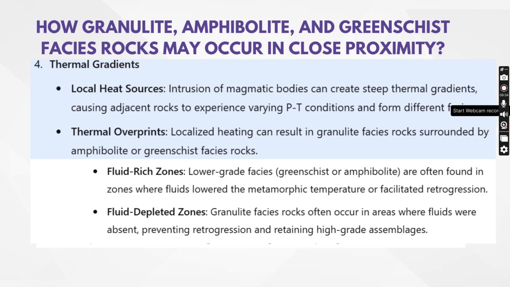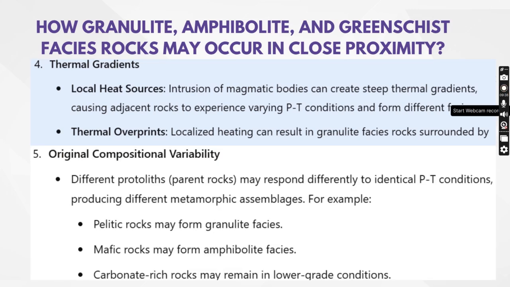Then thermal overprint, local heating, and another very important thing is original compositional variability. Different lithologies may respond differently to identical pressure temperature condition, producing different metamorphic assemblages. For example, pelitic rocks may form granulite facies, and in the same condition mafic rocks may form amphibolite facies.